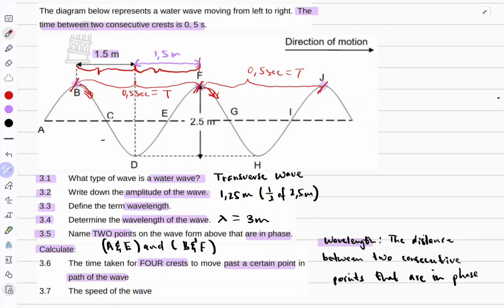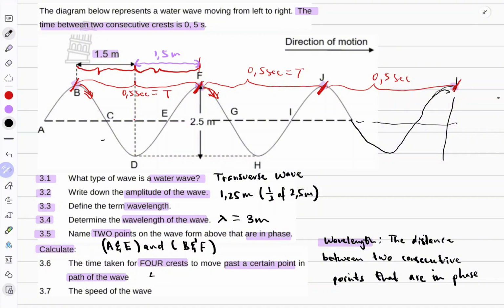And if you were to extrapolate this graph, you will see that for another complete cycle, 0.5 seconds, you will have 1, 2, 3, 4 crests.